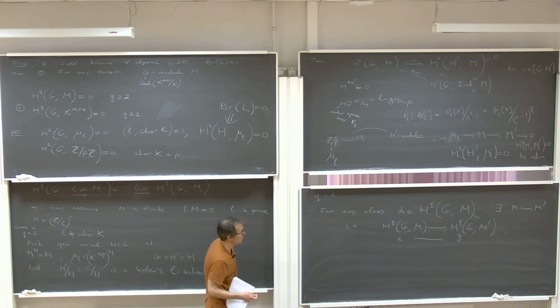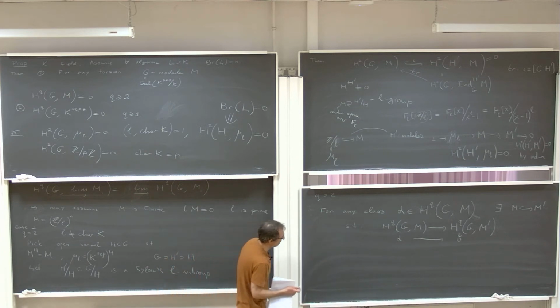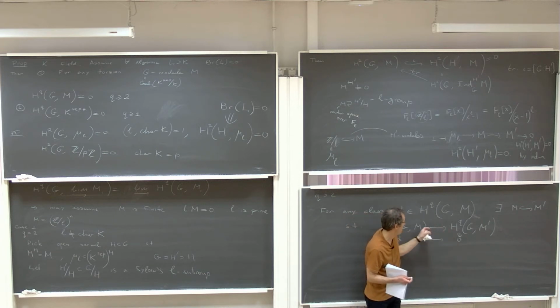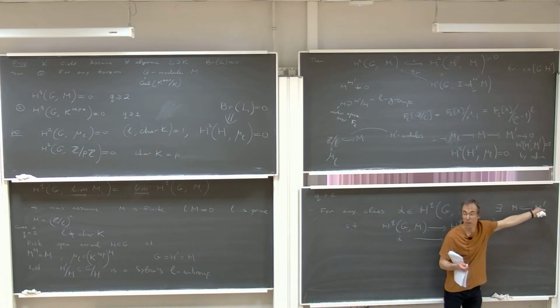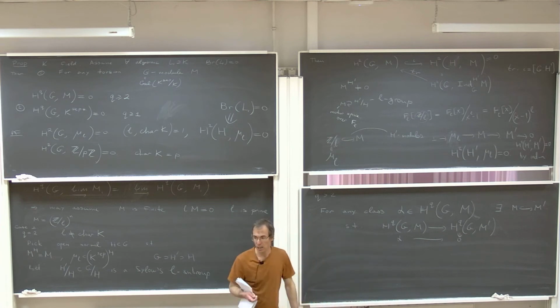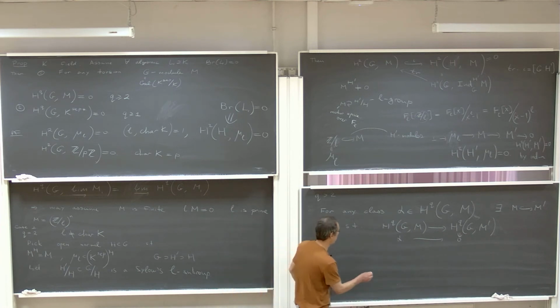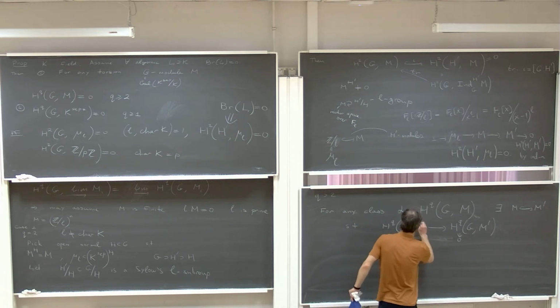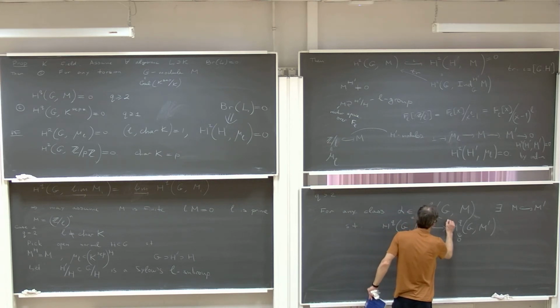So this is almost a formality. If we worked with all modules, even continuous modules, I would just embed M into an injective module. Here we work only with torsion modules, so I have to be a little bit careful, but I may assume that alpha goes to 0.